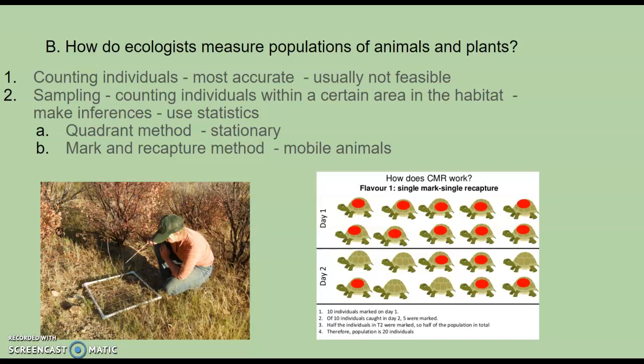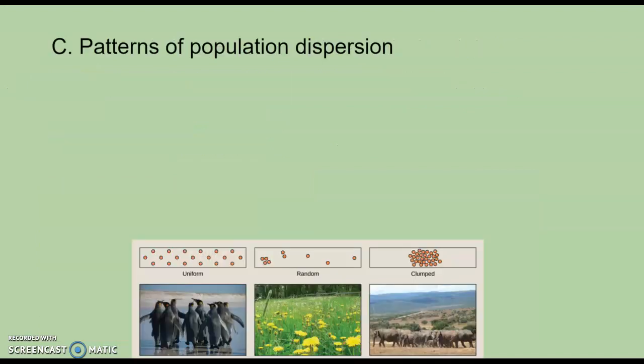And from that, they would use stats and some math to figure out, okay, this is our general size of our population here. So that's counting populations, figuring out how dense is our population.